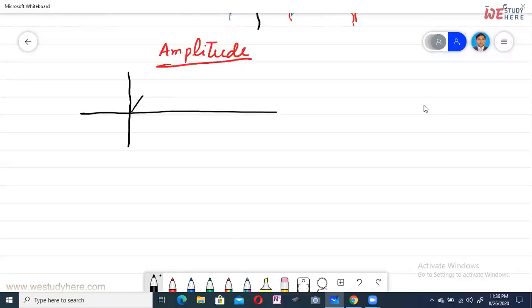As this is the graph of sin x, this x-axis is the principal axis. Then this point is the maximum point and this point is the minimum point. From the principal axis to the maximum point, this length, or from the principal axis to the minimum point, this length, this is the amplitude.